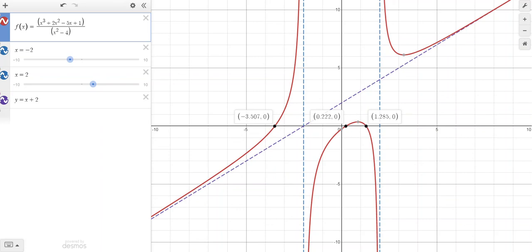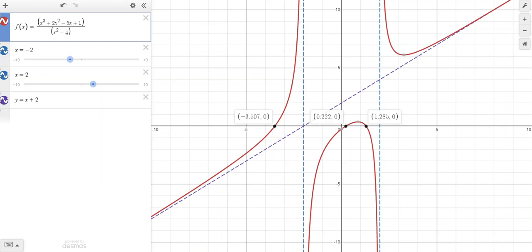About negative 3.5 is my x-intercept over here on the left side. And then that, again, sort of a lopsided parabola shape. Whoops. I had the y-intercept at -1/4.